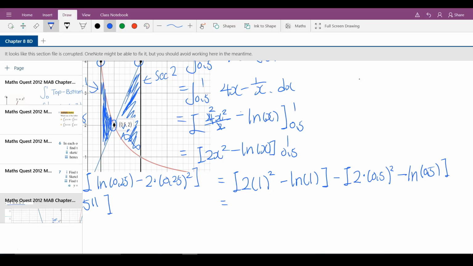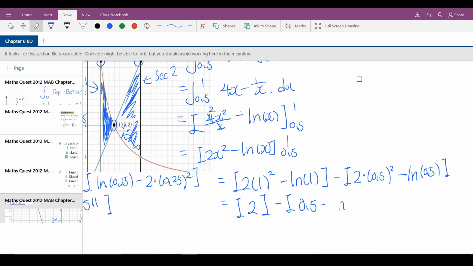So 2 times 1 squared is just 2. Now ln 1 is just 0. So we just got 2 in there. Minus 0.5 squared is 0.25, 2 times 0.25 is 0.5. Yep, that's it. Minus ln 0.5.